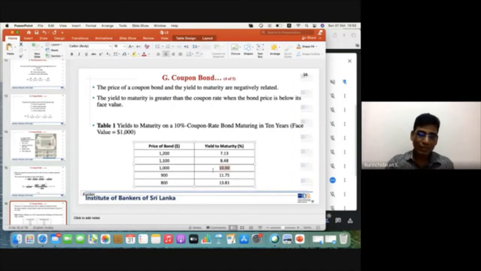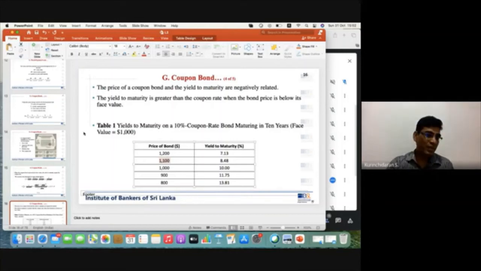Let's assume that even though the face value of this bond is 1,000, you are going to buy this bond at 1,100. Now you are giving more money than face value.